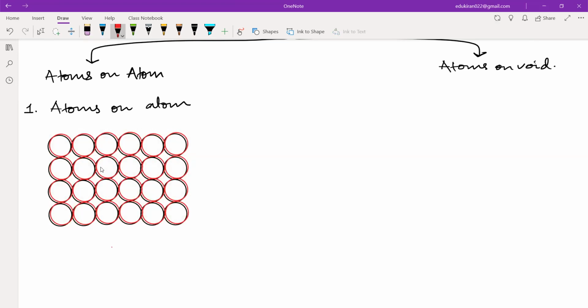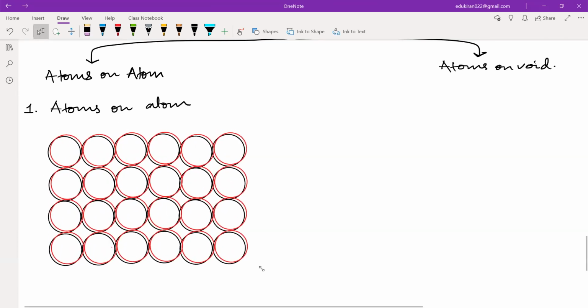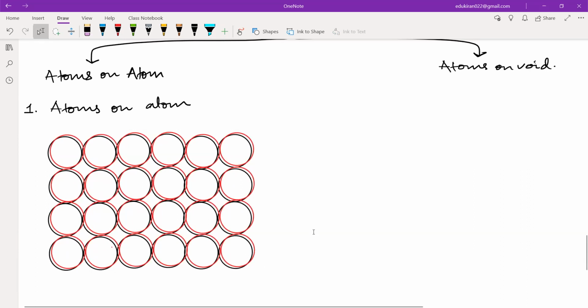Okay, so you can see that the red ones are placed on black ones. And please remember that the black ones and the red ones are not circles. Now they are spheres because we are dealing with a 3D structure. Is that clear? Yes or no? Please tell me. The red and the black, all of these are spheres because we are dealing with 3D atoms.